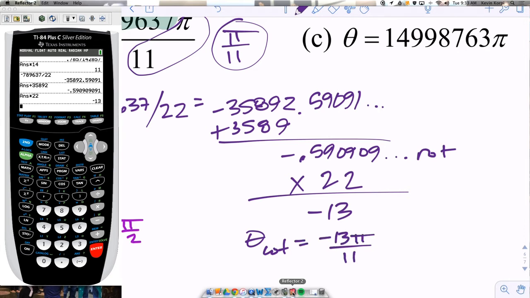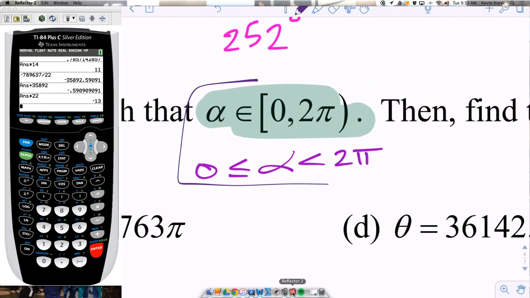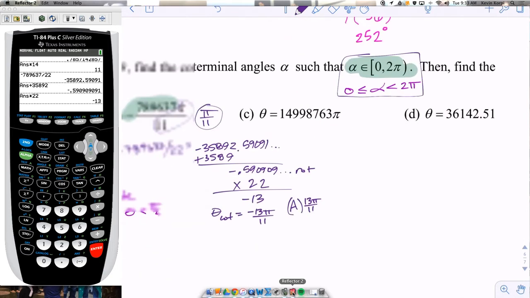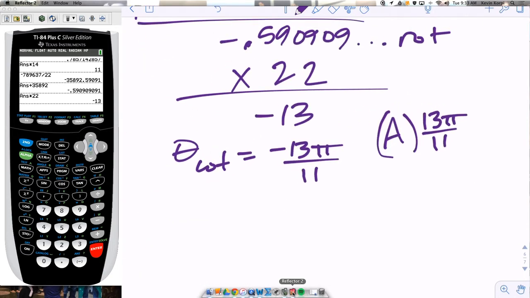Now, if this were a multiple choice question, guess what answer choice A would be? It would be positive 13 pi 11ths. And that would be wrong. Even though that is coterminal, remember, this is asking us to find the coterminal angle that is strictly between 0 and 2 pi. So, just like we did with degrees, if we had a negative coterminal angle, we added one full rotation to it, yes?